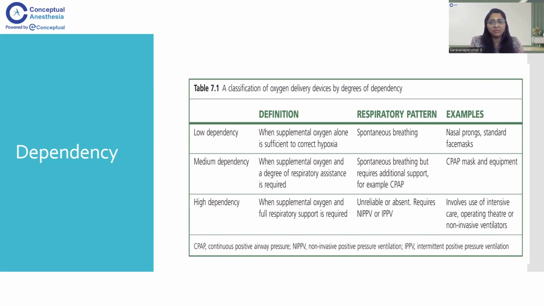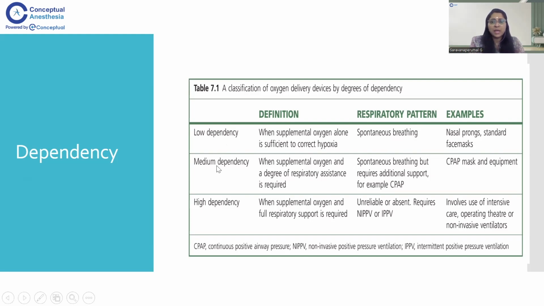Their saturation will be somewhere around 90% because they are asleep, or when there is a residual neuromuscular blockade even after you have reversed properly. At that point of time, you can use nasal prongs or a standard face mask so that your oxygen requirements will be met. So that is a low dependency.